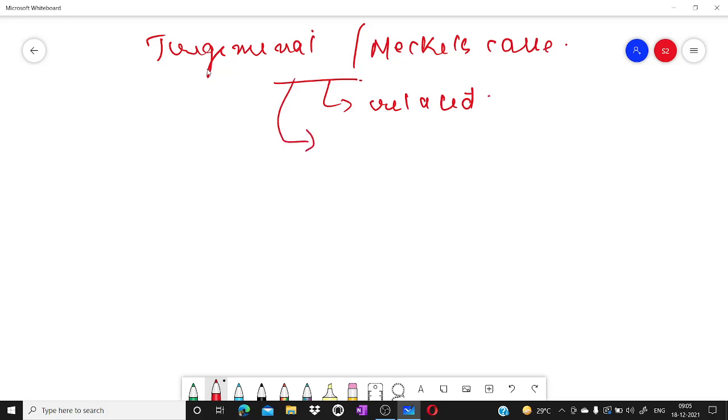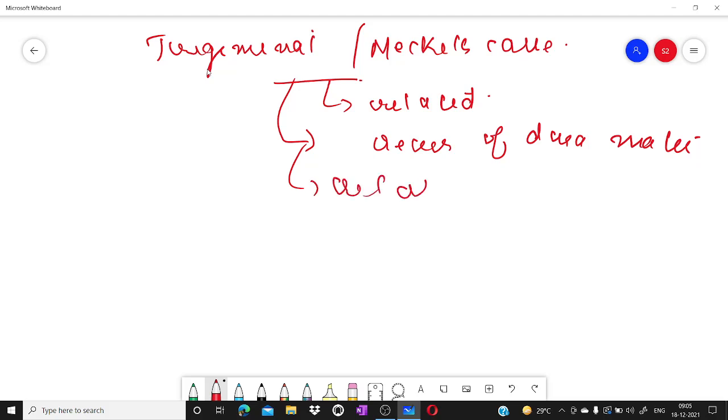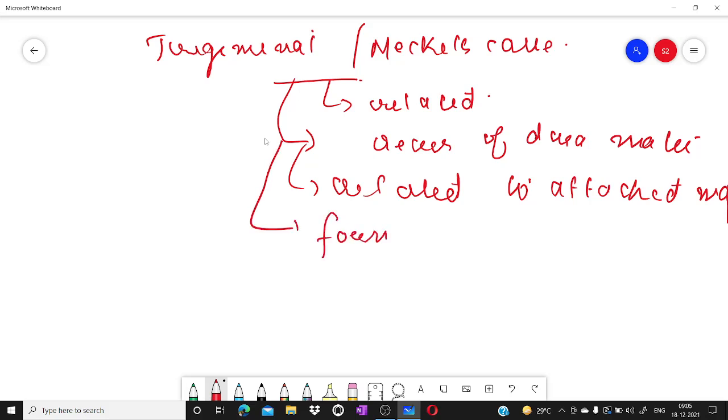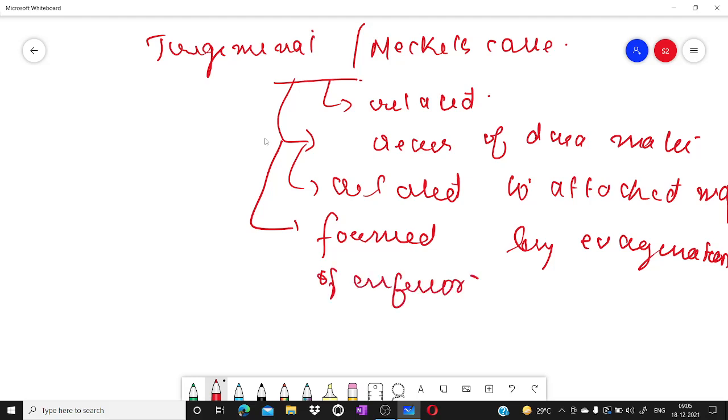So, what is this trigeminal or Meckel's cave? It is actually a recess of the dura mater, and this is related to the attached margin of the tentorium cerebelli. It is formed by the invagination of the inferior layer of the tentorium cerebelli.